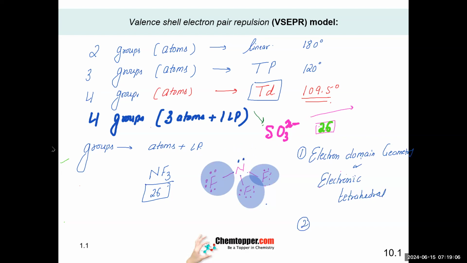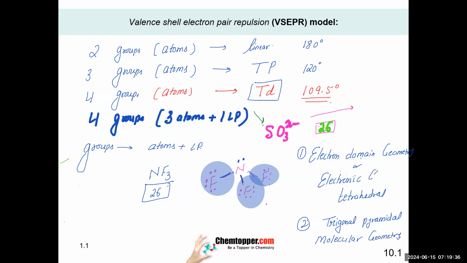And you are just looking at the geometry due to atoms, which you are going to say trigonal pyramidal here, and I'm going to call this the shape of the molecule. This is the real molecular geometry, how it is going to appear, the shape in space.